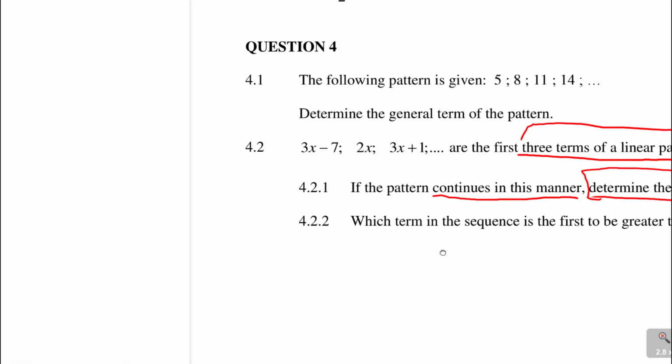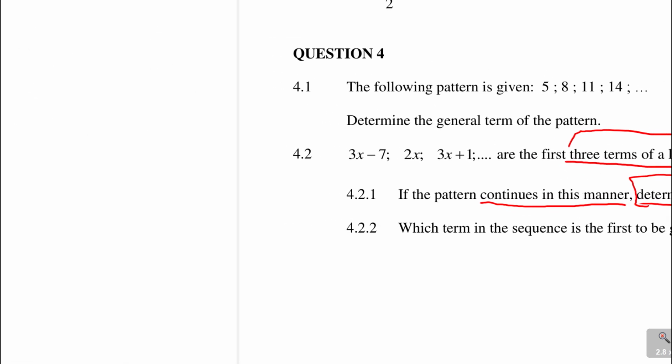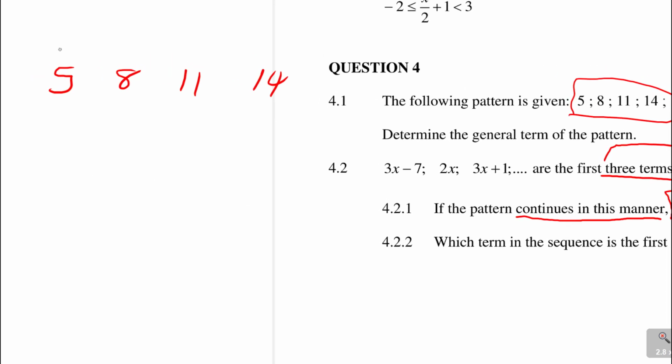Now, how do you go about it? Let me first take you to the first question again. This one. I just want to show you a few things here. The numbers that we had, it was 5, and then we had 8, we had 11, and then we had 14. Now, look at this. I say to you, this we call term 1, the other one term 2, the other one term 3, the other one term 4.